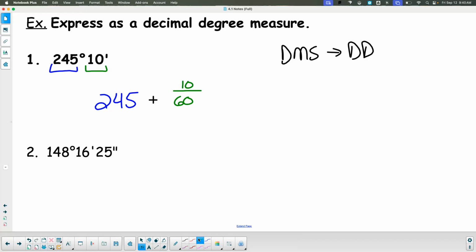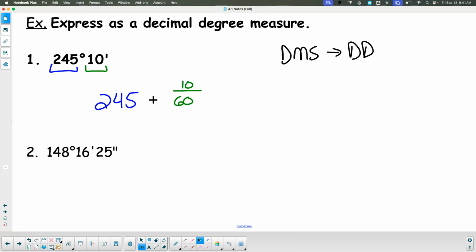Because remember, a degree is a degree, a minute is 1/60th of a degree, so I'd have to take my minutes and divide by 60 to get how many degrees that is. Okay? Then I would have to go to seconds. In this particular case, we don't have seconds, but there we would divide by 3,600 because we need to get it in degree form. Okay?